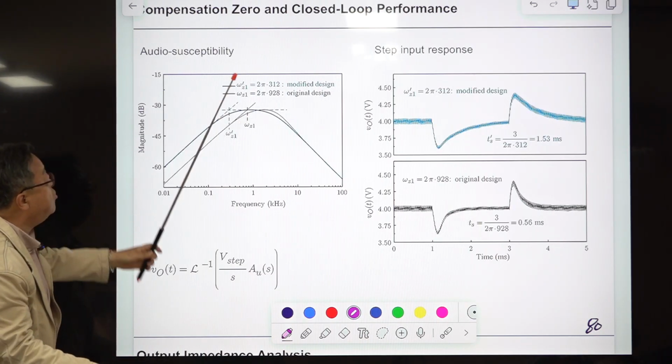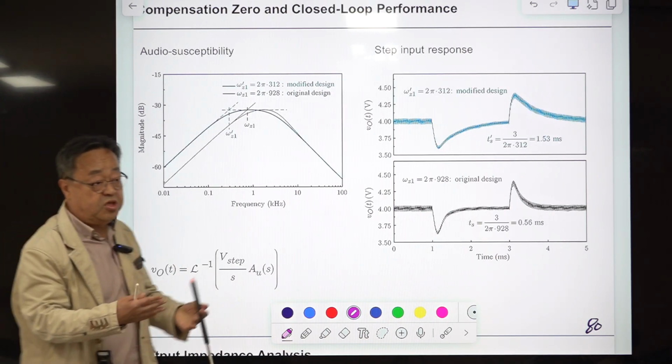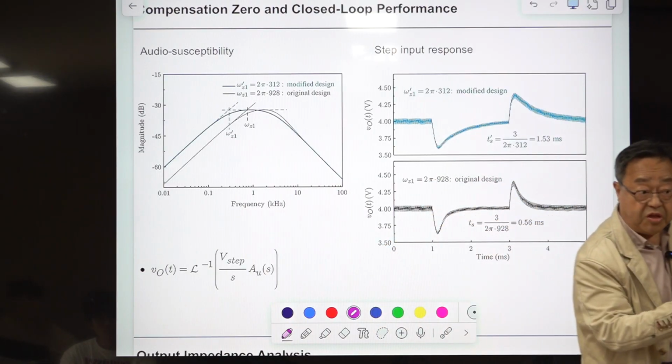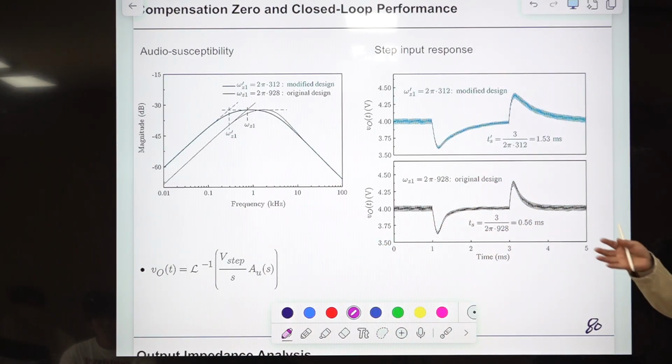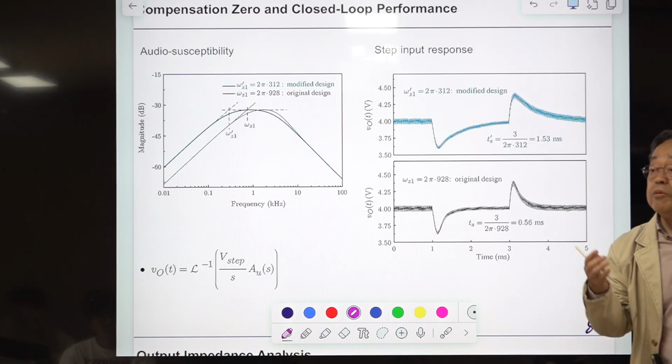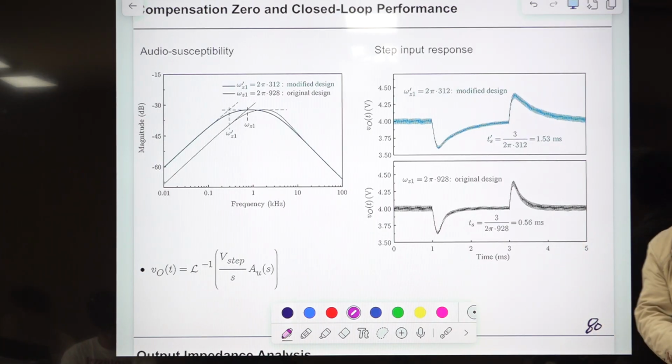So you can do it. If you know the design procedure, then you can adjust everything. Actually, you can program this by changing the location of the compensation zeros. So everything is controllable, predictable, and even programmable. You can program this.